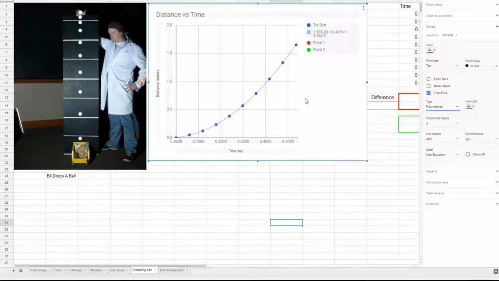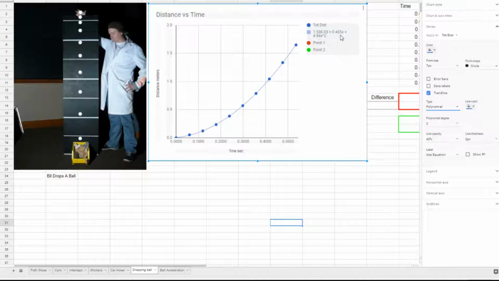A polynomial is a function which has multiple components in terms of things like x, x squared, x cubed, and so on. The other thing that I did was that I used the equation of the trend line that the software fit to it as the label, and that's what this is up here.